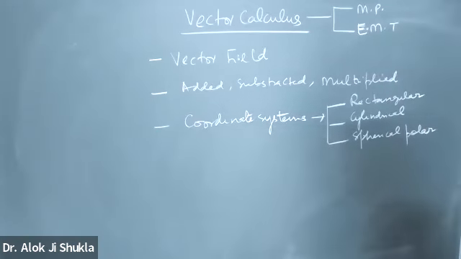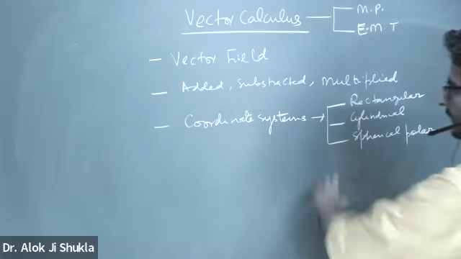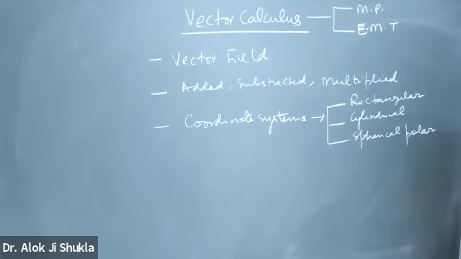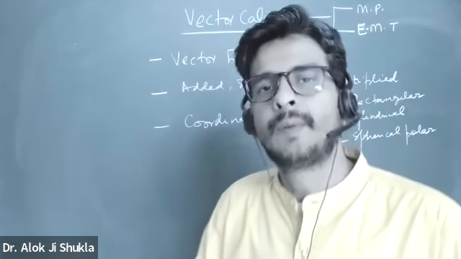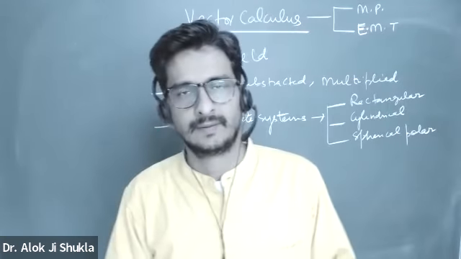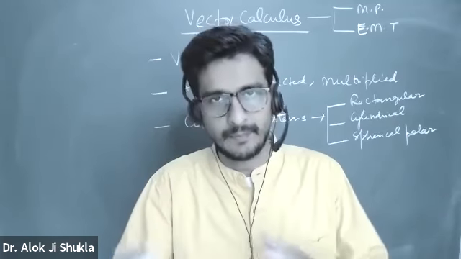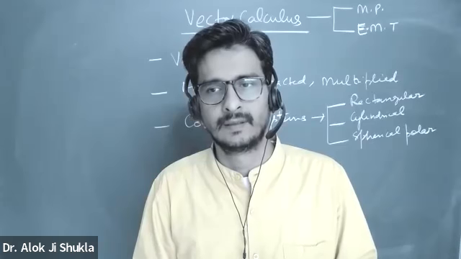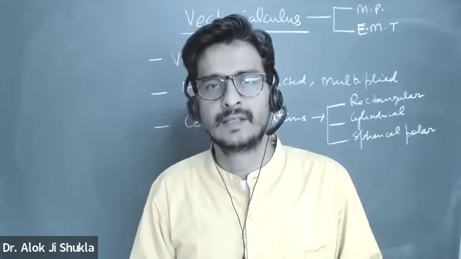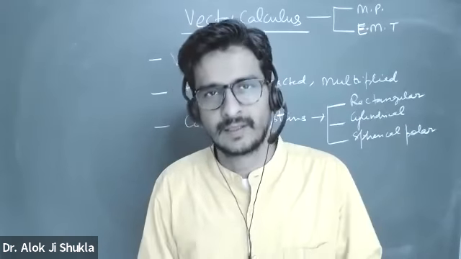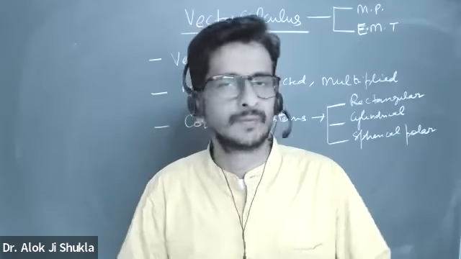Okay, fine. So these three types, because keeping in mind what type of problems you will be facing in classical mechanics, electromagnetic theory, quantum mechanics, some statistical mechanics, you may have some rectangular system, some spherical system, some cylindrical system.